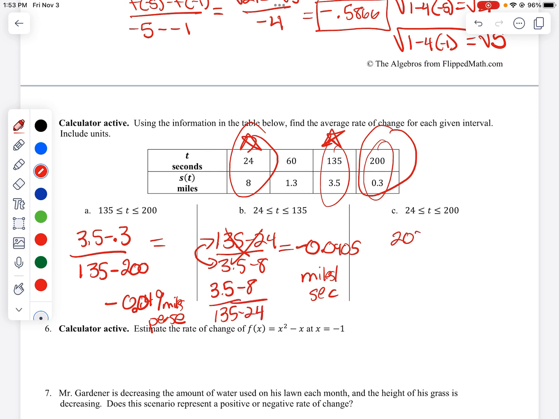I was going to say that didn't sound right. So this next one here, our y values on top. So we have 0.3 minus 8 over 200 minus 24. So negative 0.0437 miles per second.